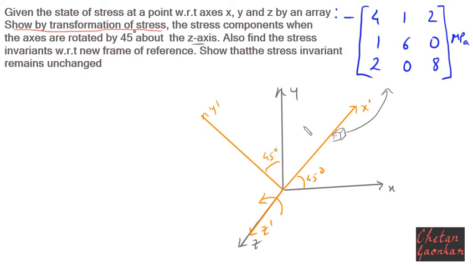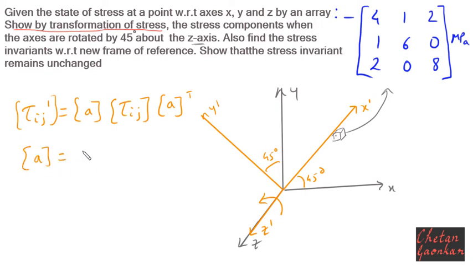In order to find tau ij dash, we need a transformation matrix A. We already have the original tau ij, the stress component with respect to the x, y, z axes, and then I want the transpose of the transformation matrix. How do we find this transformation matrix? It is given as L1, L2, L3, M1, M2, M3, and N1, N2, N3, where L, M and N are nothing but cosines of the angle between the transformed axis and the original axis.